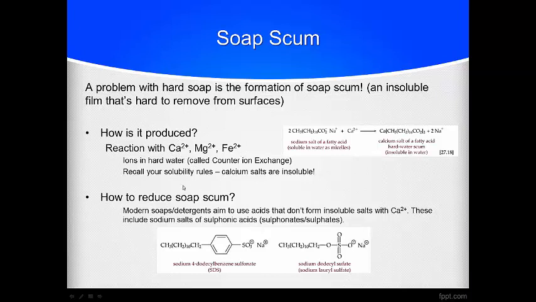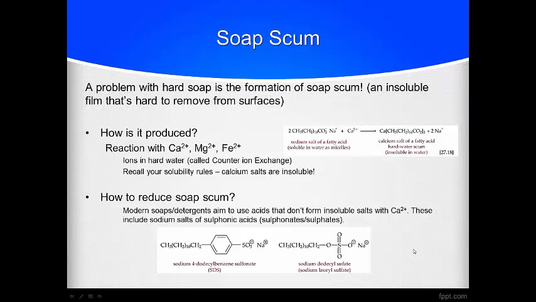Okay, so this goes back to your solubility rules as to why this occurs. So calcium salts are insoluble, so when you have your fatty acid, which is a sodium salt, reacting with calcium, then it forms an insoluble layer, so a scum. Okay, so it precipitates out.